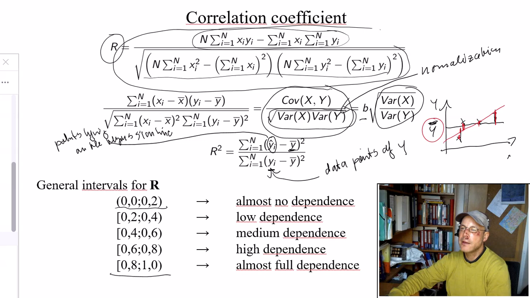And here then we have the square distance of the calculated points on the regression line with respect to our arithmetic mean. And this is the explanation of our linear model we put in our data.